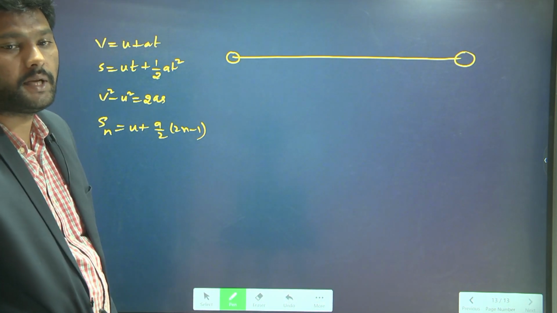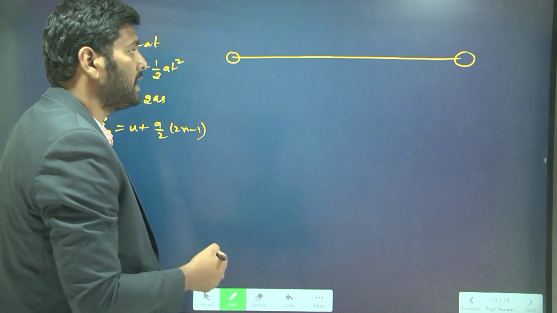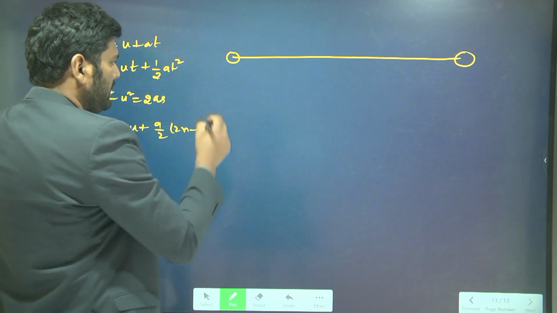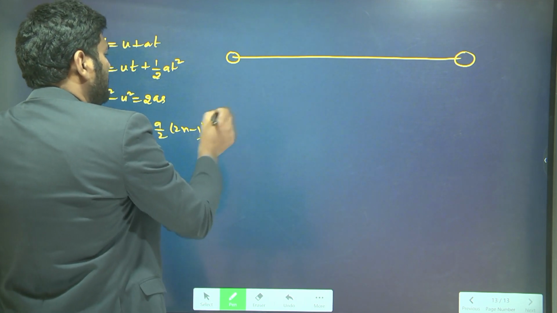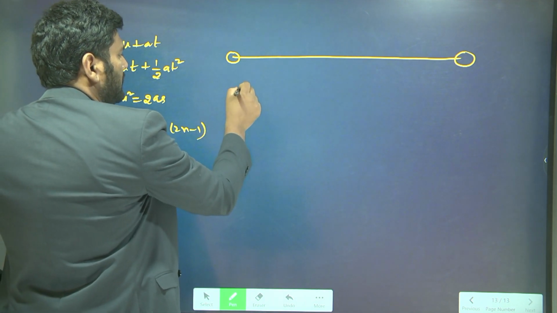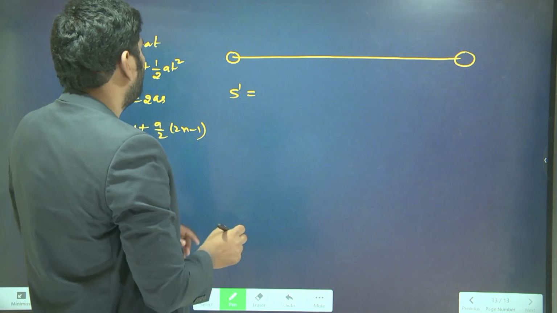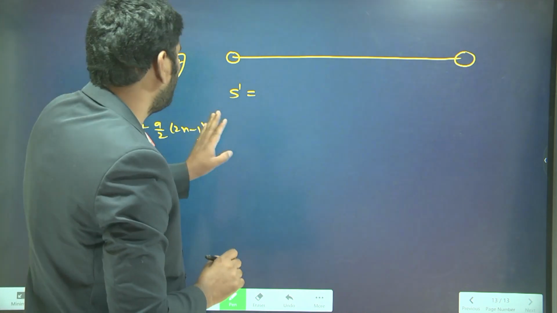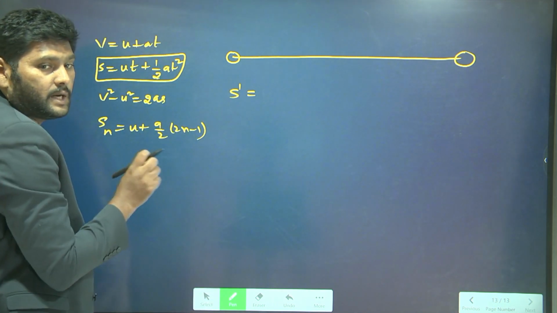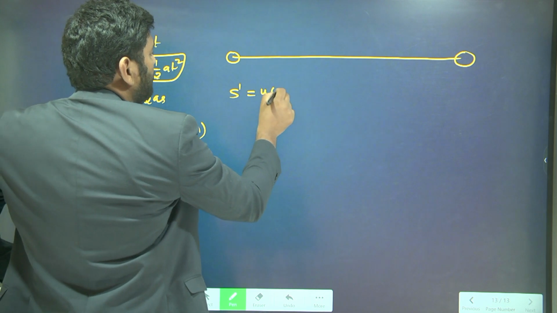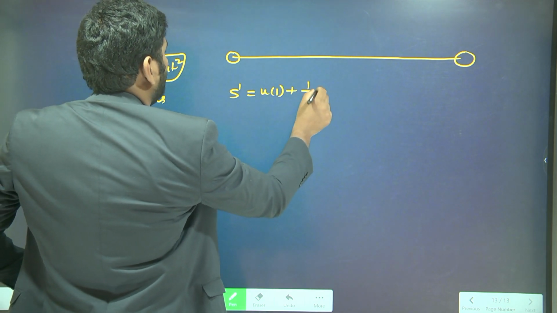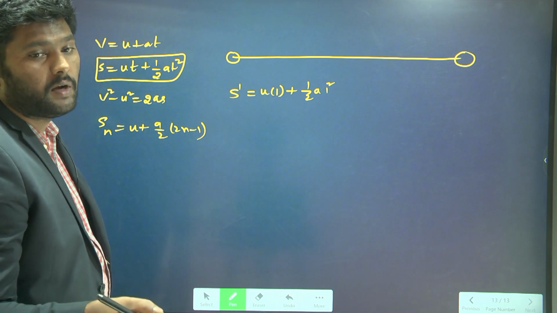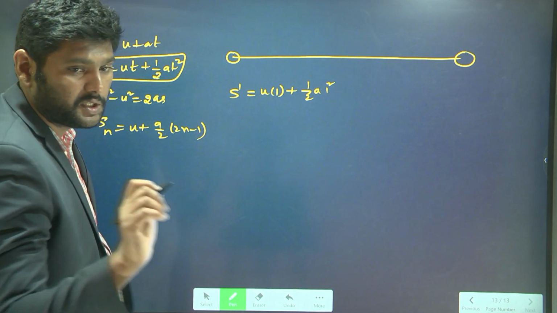First of all, when the object has traveled in 1 second, by using the second equation you can write the distance traveled in 1 second as u of 1 plus half a 1 squared. This is the way we can define the distance traveled by the body in 1 second with acceleration a.